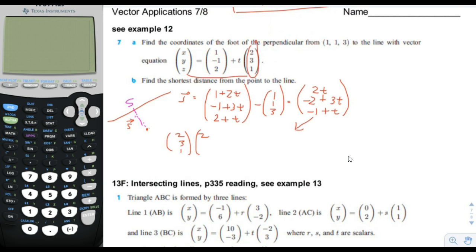Here it's going to be 2t, negative 2 plus 3t, and negative 1 plus t. Then we do the dot product of those. So we get 4t plus 3 times 3t, minus 2 times 3, and then we got t, minus 1 times 1.